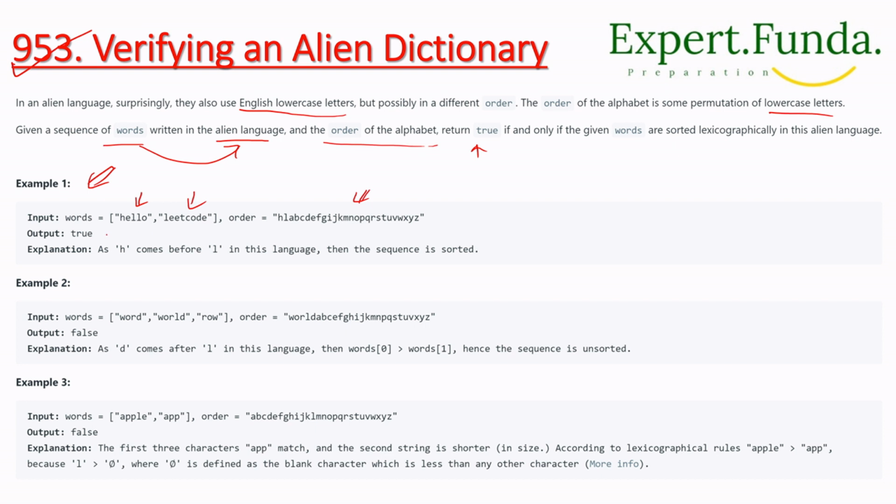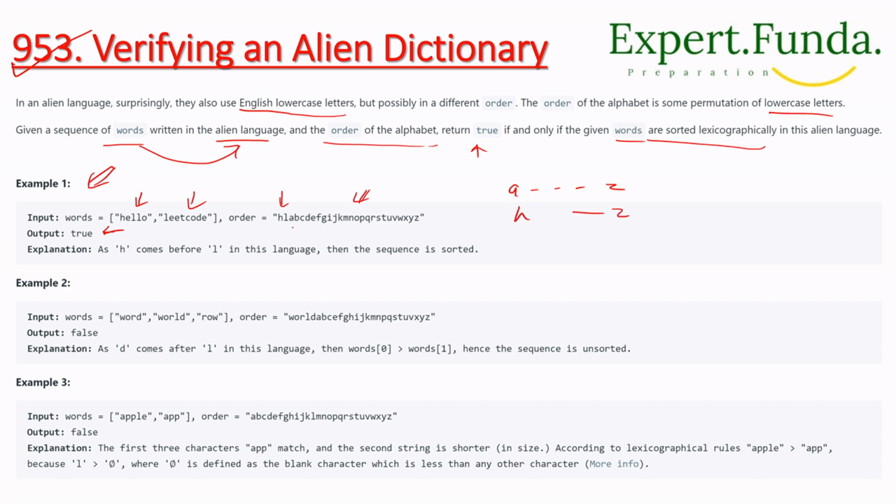If this is coming true, it means we have to find if and only if the words are lexicographically sorted in the language. So we'll check each letter, right? In the normal order you can see we have A, B, C, D to Z, right? Similarly in the alien language we have been given h to z.